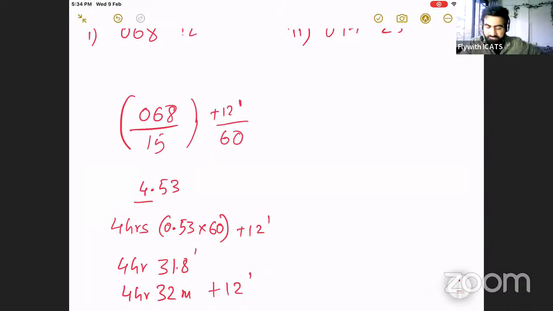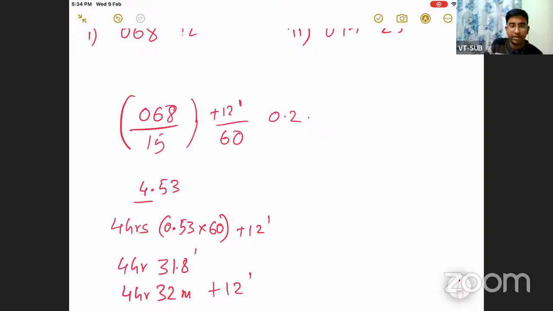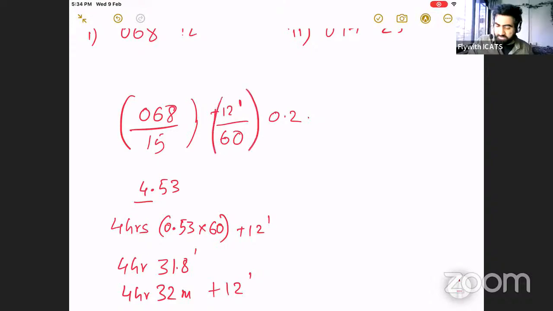What is it? 0.2. And then this 0.2 into 60 I have to do to convert it into time. I get 12 only. So what am I missing? We had done this yesterday, right, students?